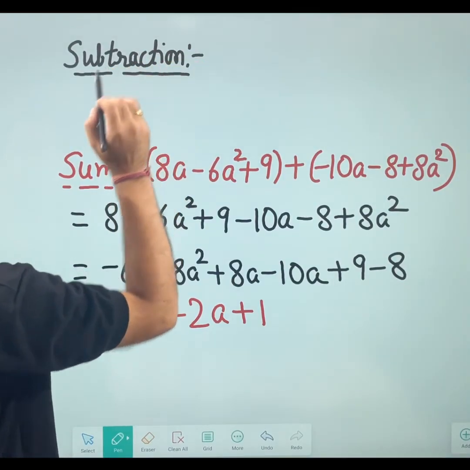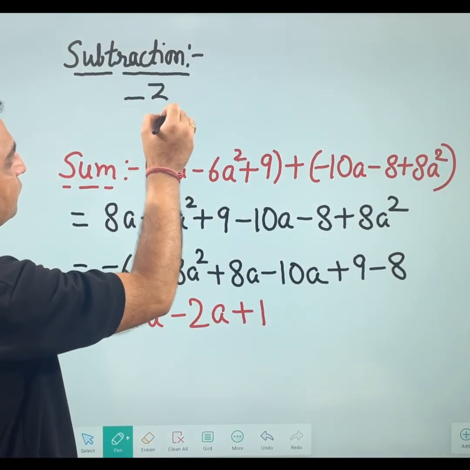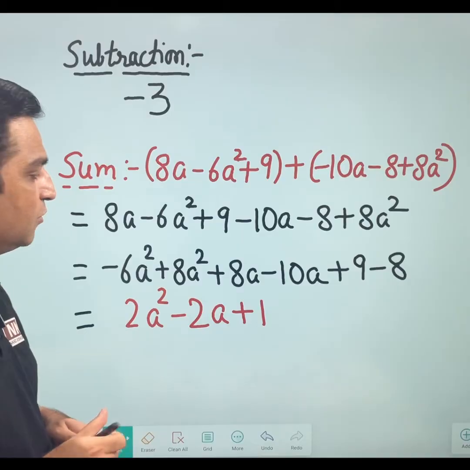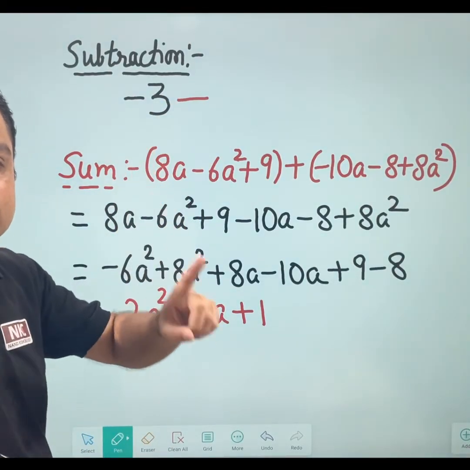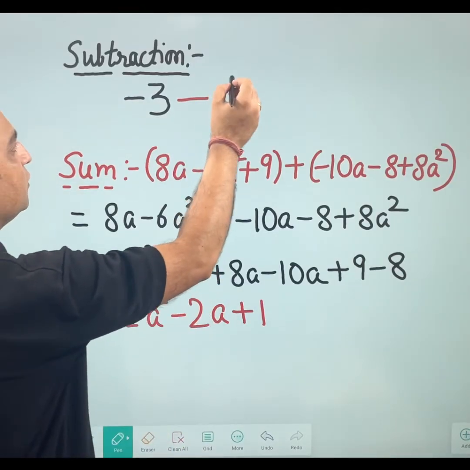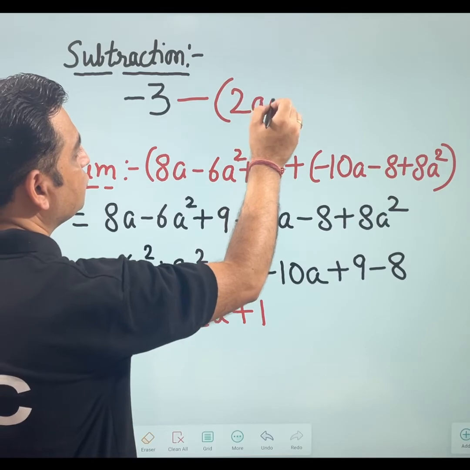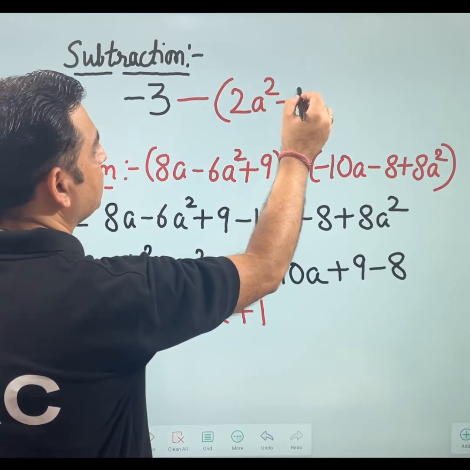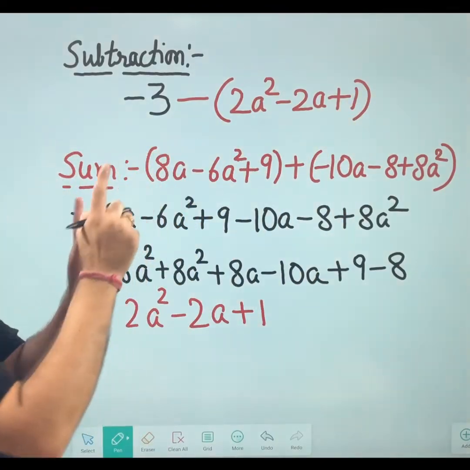And how to do subtraction? From minus 3 means minus 3 will come first. From minus 3 we need to subtract. This minus sign is for the subtraction function here. What we need to subtract is the sum which we have got previously, which was 2a square minus 2a plus 1. So that is the final calculation I need to do.